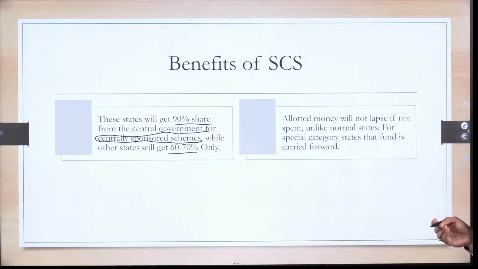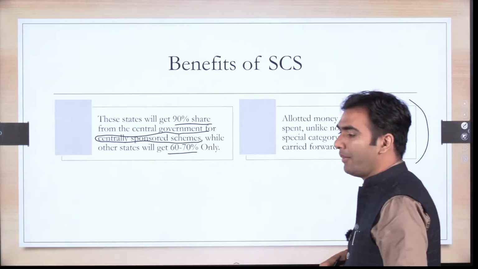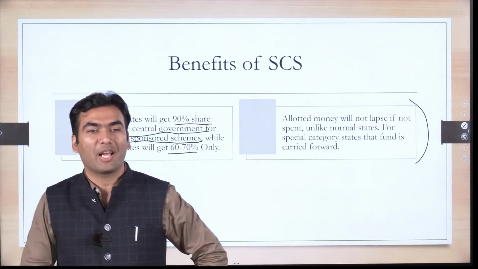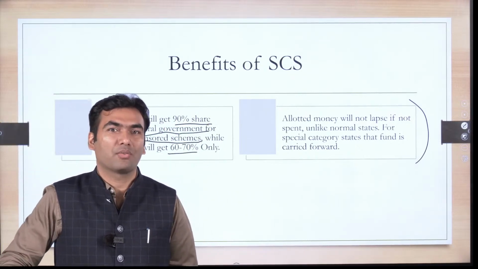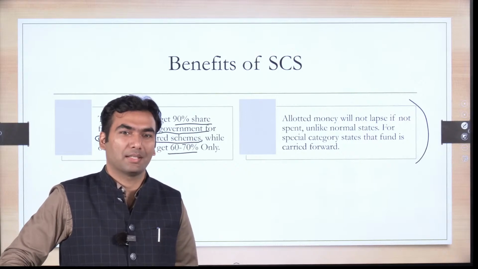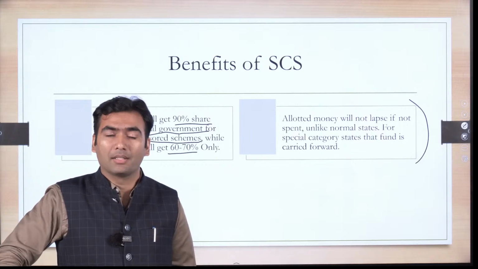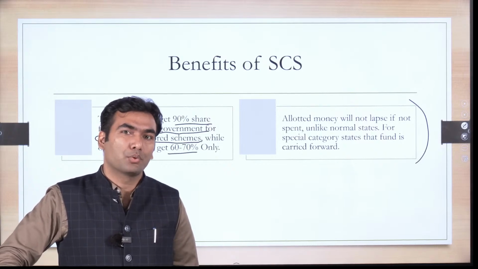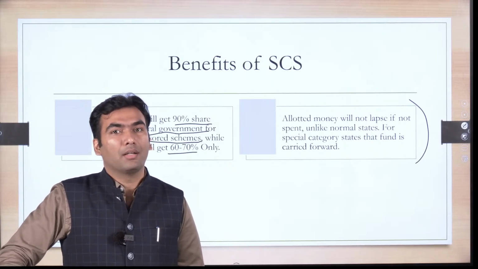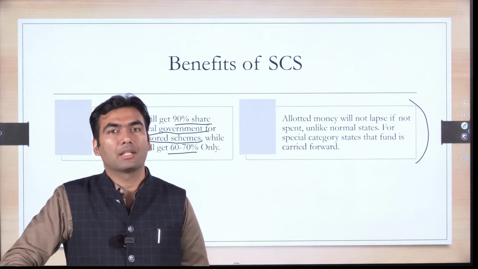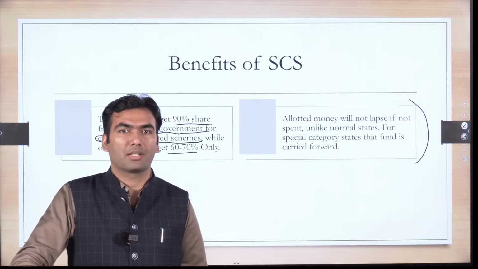Next, there is another problem that happens, the concept of March loot. If you or your father have ever worked in the government sector, or most likely when you become an IAS officer, you will experience this: a lot of funding that comes to your department is going to lapse if you do not spend the money. Suppose 100 crore was given to your district when you are district magistrate.